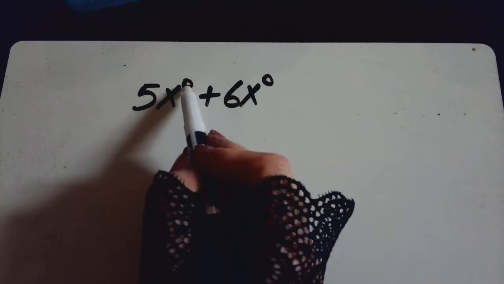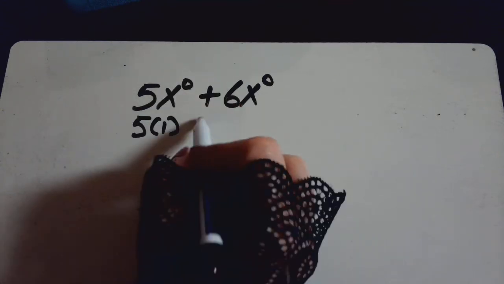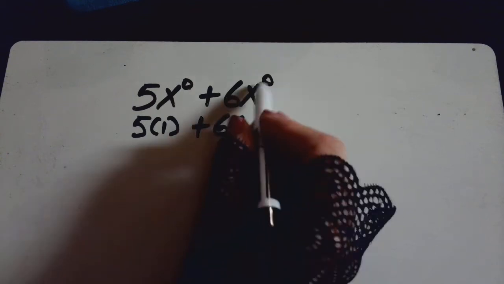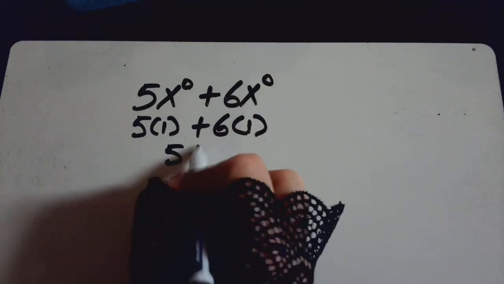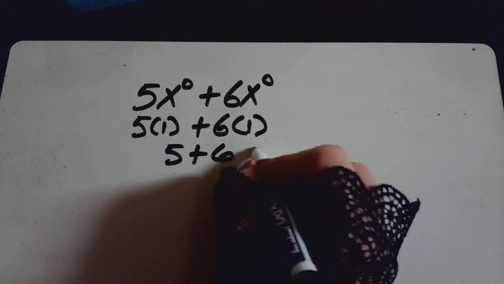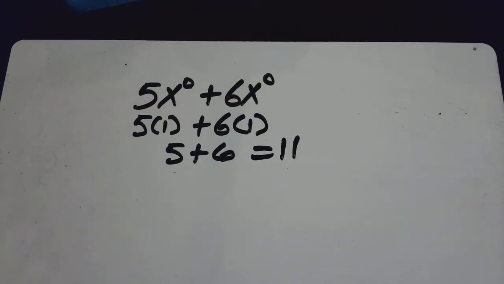So the only thing raised to 0 power is x, so it becomes 5 times 1 plus 6 times 1, because the 6 is not raised to the 0 power, just x. So then it becomes 5 plus 6 equals 11. So do you understand the difference? Only that which is raised to the 0 power is 1.